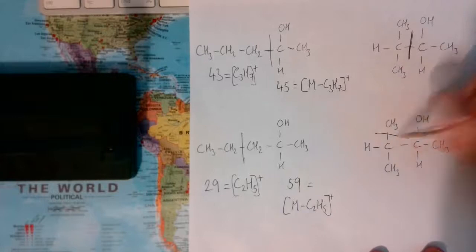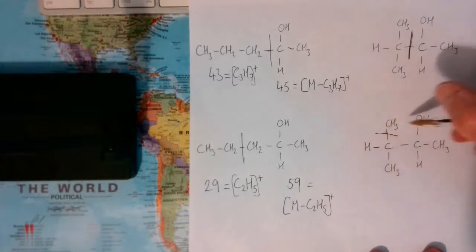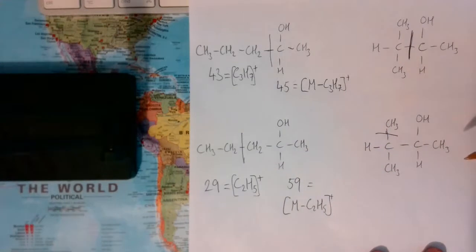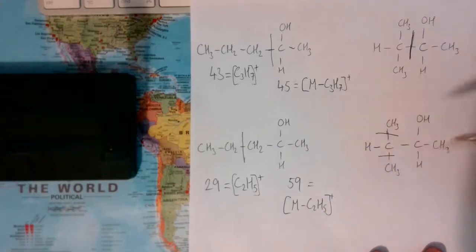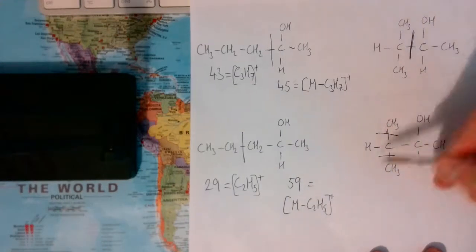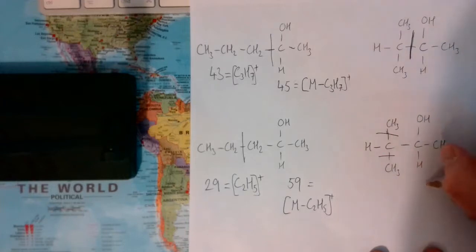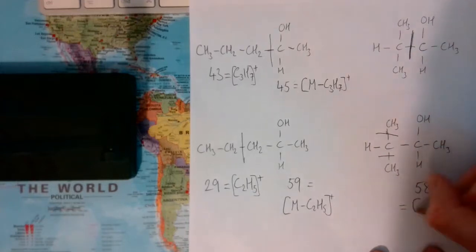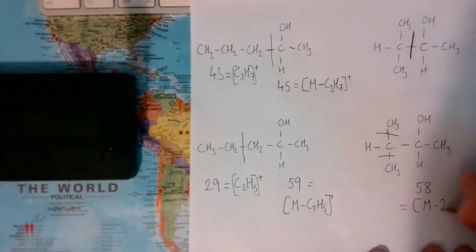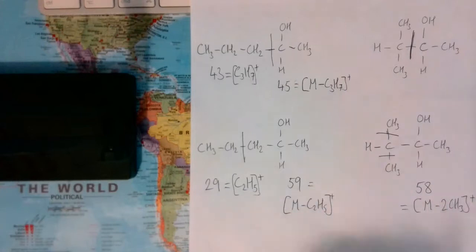I could chop off a methyl here, and that's 15, and that would leave, as before, 73. But if I try and chop this one off, then I've taken away 2 15s, which is 30. So we will get a peak this time of 58, which is M minus 2 CH3s. So you will be able to use the mass spec to be able to tell which isomer you've got.